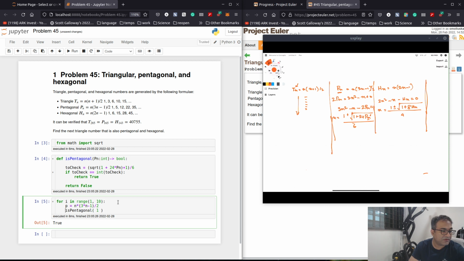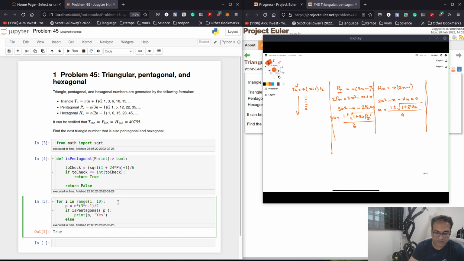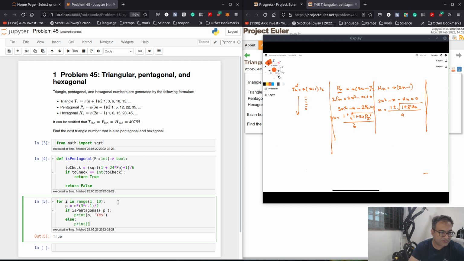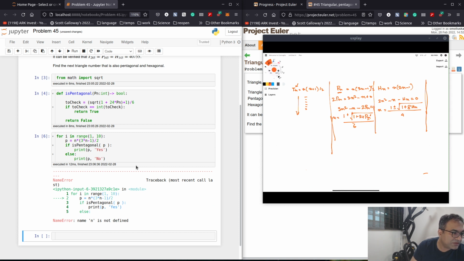Okay, and if it's pentagonal, print p, and yes, else print p, and no. N is not defined.